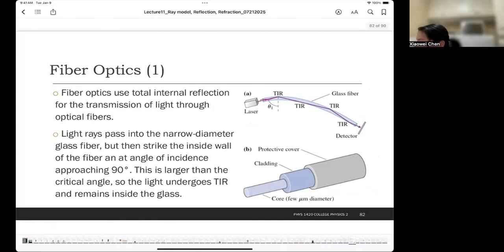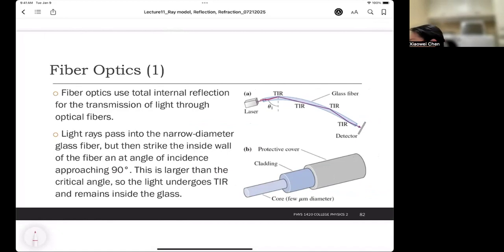Okay. Let's talk about fiber optics. Actually, you don't need to memorize those things. I just want to let you know the theory behind fiber optics, how TIR can be used for fiber optics. Fiber optics use total internal reflection for the transmission of light through optical fibers.